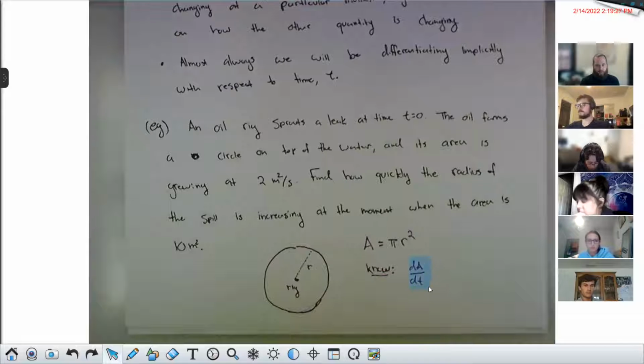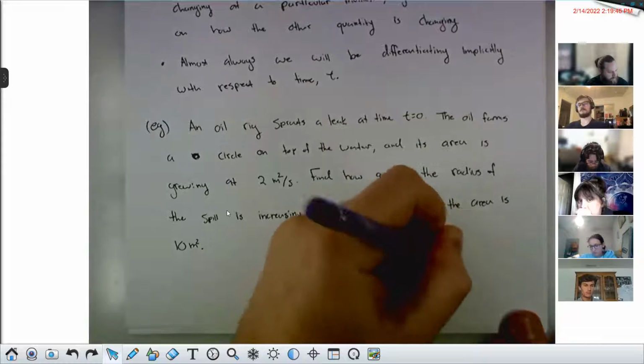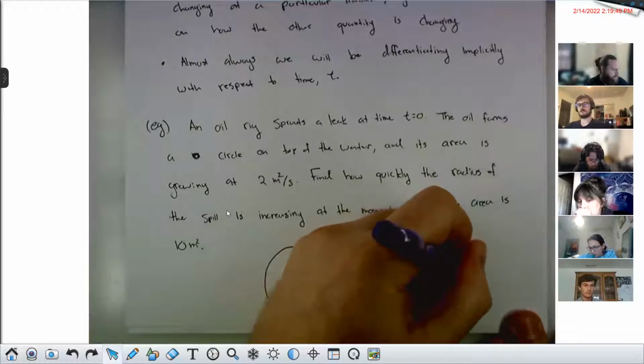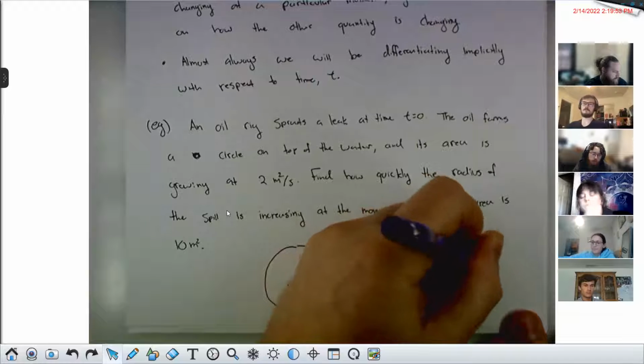If you think of this as a difference quotient, this is a change in area, and this is a change in time. So that ratio is a speed, it's how fast the area is growing. And they've told us that the area is growing at 2 meters squared per second. So we can say that dA/dt is 2. And then there's a nice notation for units that I like, where you put it in a bracket at the end.